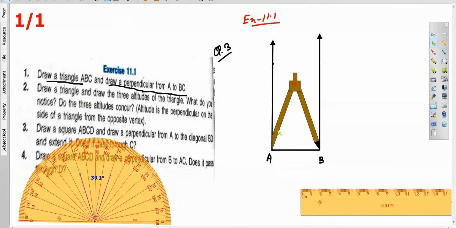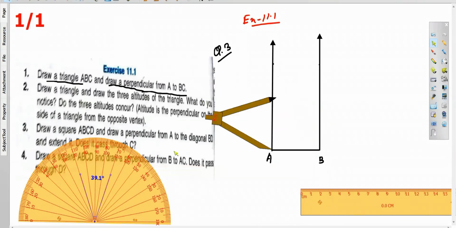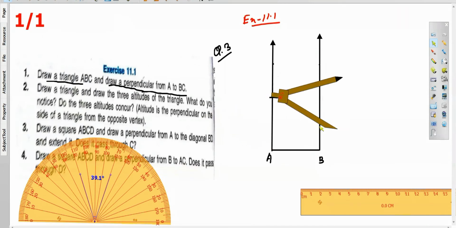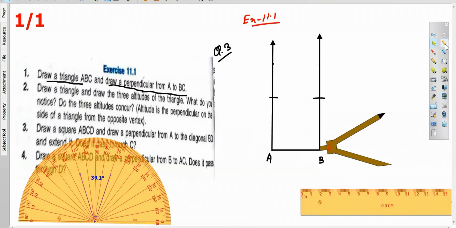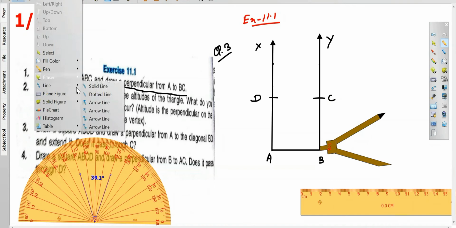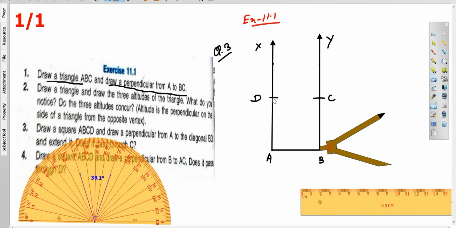With point A as center, I'll cut one arc, and I'll cut another arc with point B as center. Now you can name them AX and BY, and you can name the points C and D. Now we'll join C and D in order to obtain a square.